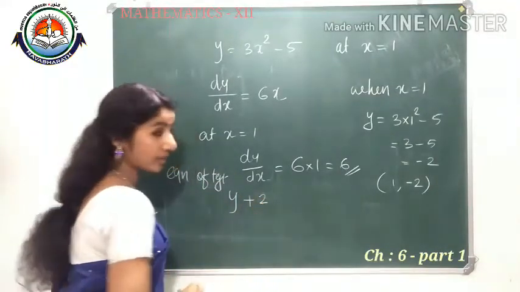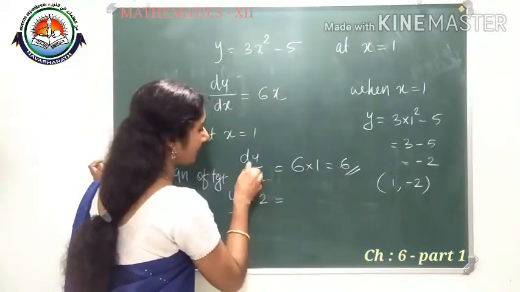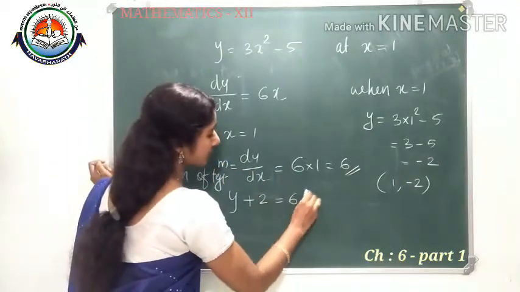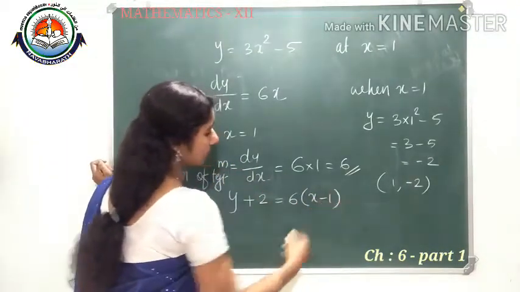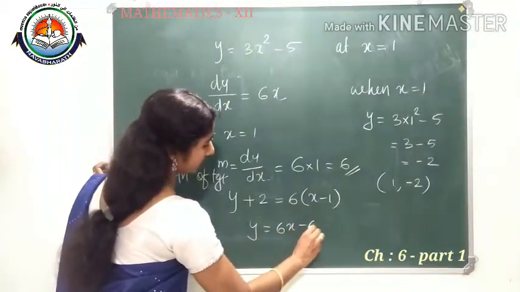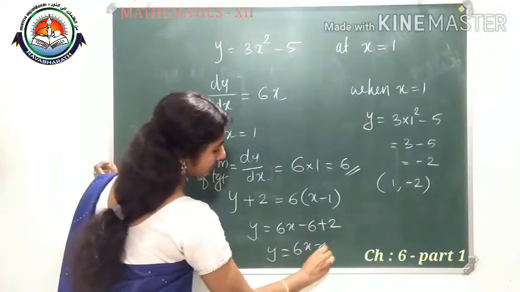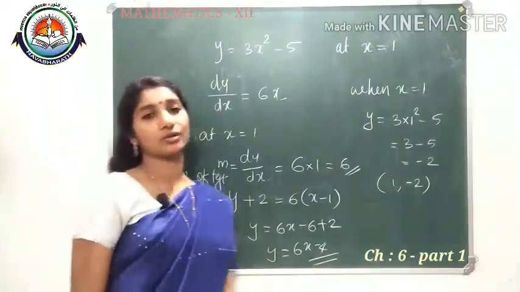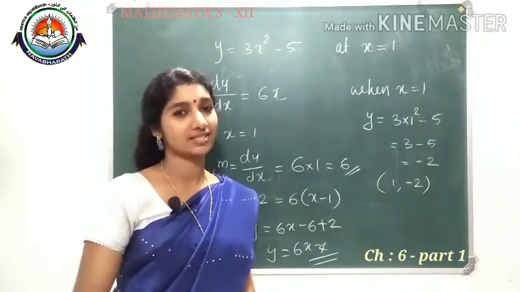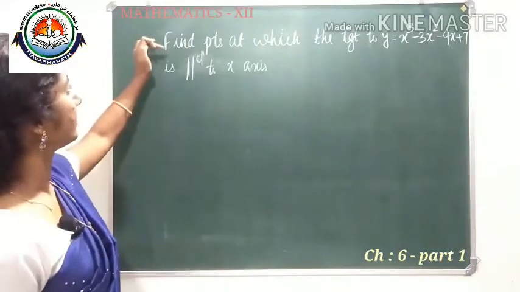So it will be y minus minus 2, y plus 2, is equal to m into, m means dy by dx, the slope, so 6 into x minus 1. So y equal to 6x minus 6 plus 2. So y equal to 6x minus 4 is the equation of that straight line. Which straight line? The equation of the tangent at x equal to 1. Got it?